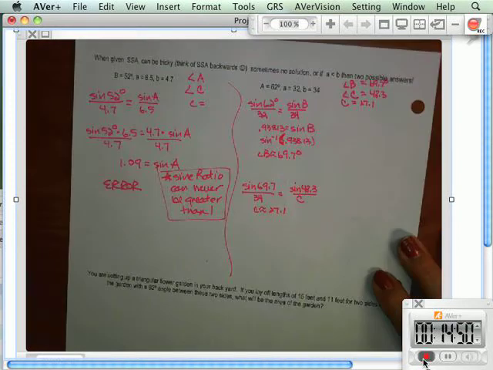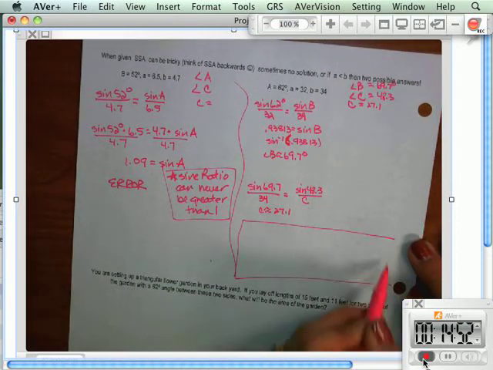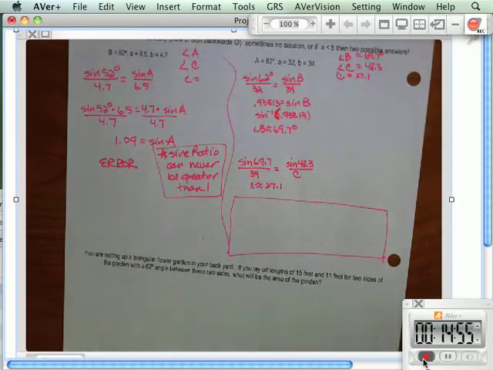Okay, come down here and let's make a box, and we're going to test the ASS, and this is how you test whether there's two triangles that can give you these ratios or one triangle that can give you these ratios. So in my first triangle, I had angle A given of 62 degrees. That's my angle that was given, so it has to be the same in my second triangle. Angle B we found out to be 69.7 degrees.